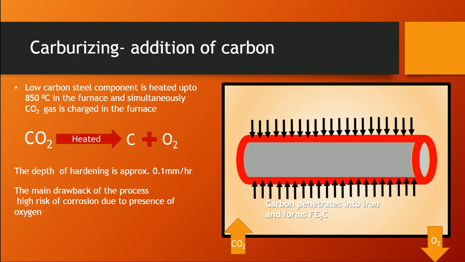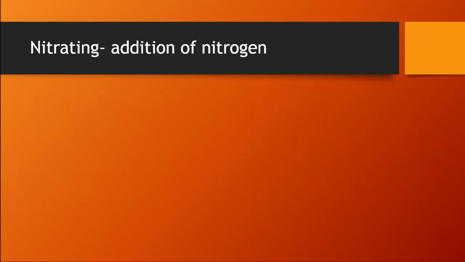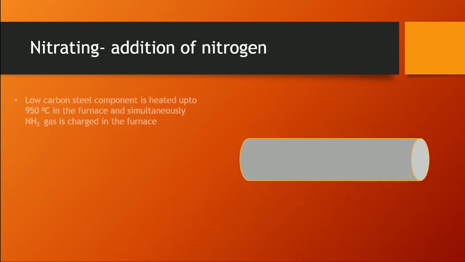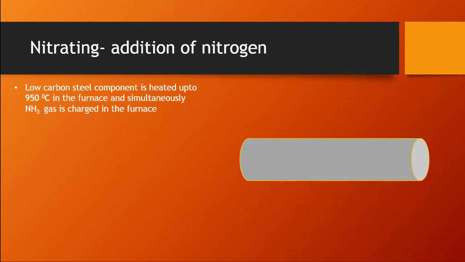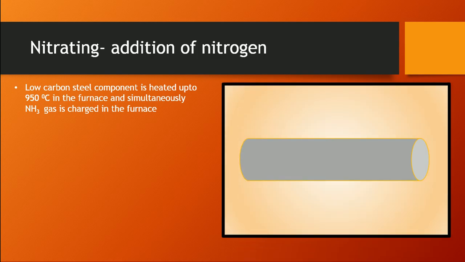Okay, the next type of case hardening is nitriding. In nitriding, instead of adding carbon dioxide, I am adding nitrogen. So how do I do this? I will take the low carbon steel component and heat it in the furnace up to 950 degrees centigrade. As I am heating it, I will simultaneously pass NH3 gas into the furnace.